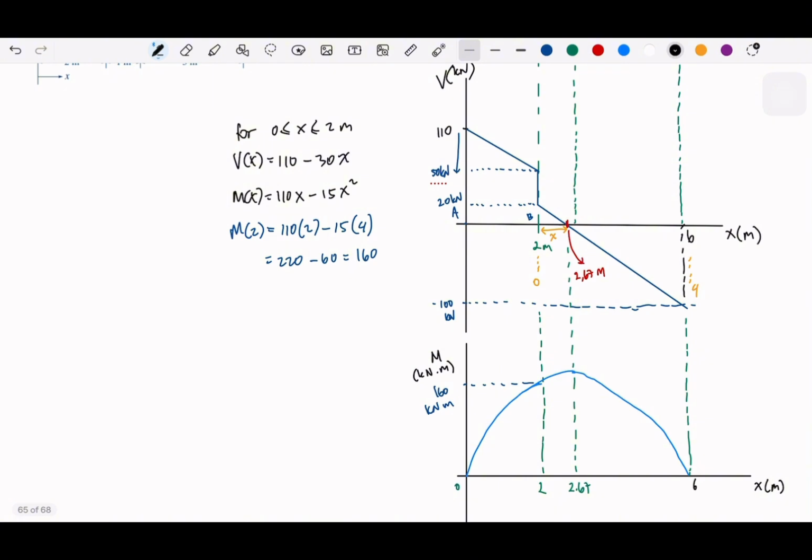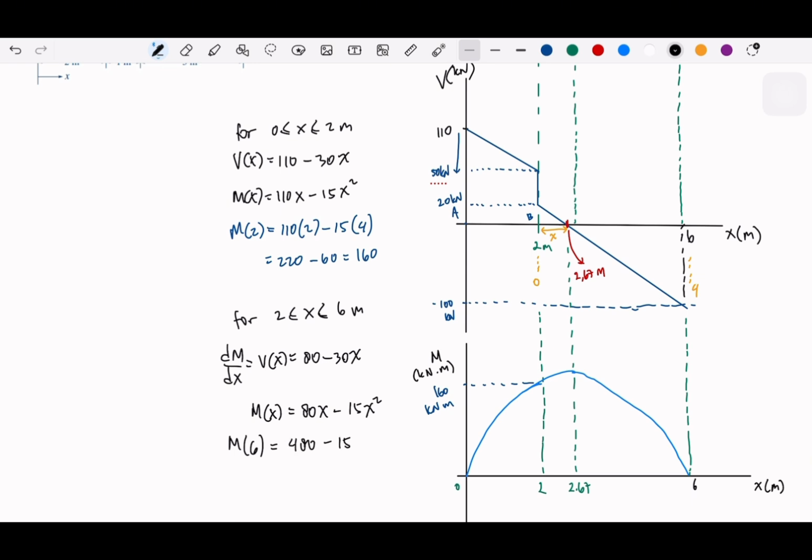Okay. So for the second part, if we want to, let's say, check the equations, we can start from the Vx, and then we can get into the M. We take the integration, and this will be our result. And basically, if we check at x equal 6, what will happen?